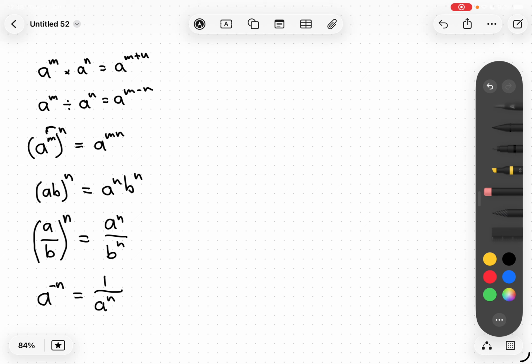Now we have to remember when we do ones like this, the a needs to be the same for both of them. So let's try one. We're going to do 5 squared times 5 to the 4 equals what?